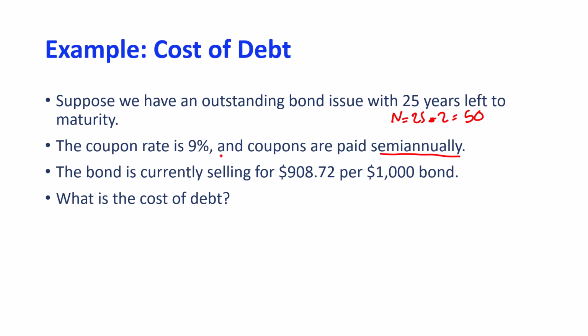The coupon rate is 9%, so your payment on this loan would be 9% times 1,000 over 2, or $45 every 6 months. Today's price is $908.72 and the par value or future value is 1,000. What is the cost of debt? What is the yield to maturity of this loan?